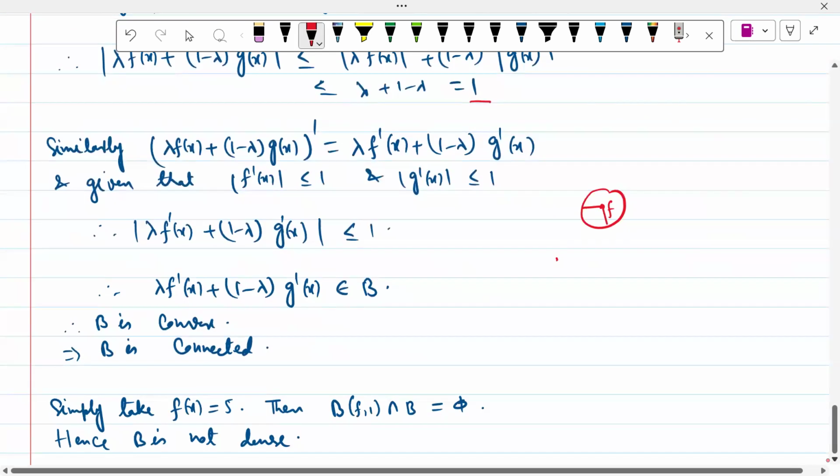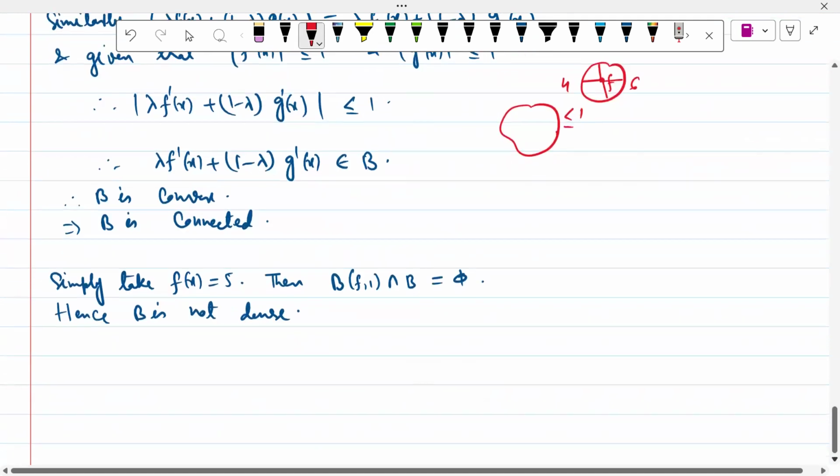Then here all the elements have a maximum value of 4 or 6, something like that. Now all the elements of B are far away because they are less than or equal to 1. So they cannot intersect this. So they cannot be limit points. So B cannot be dense. Hence B is not dense.